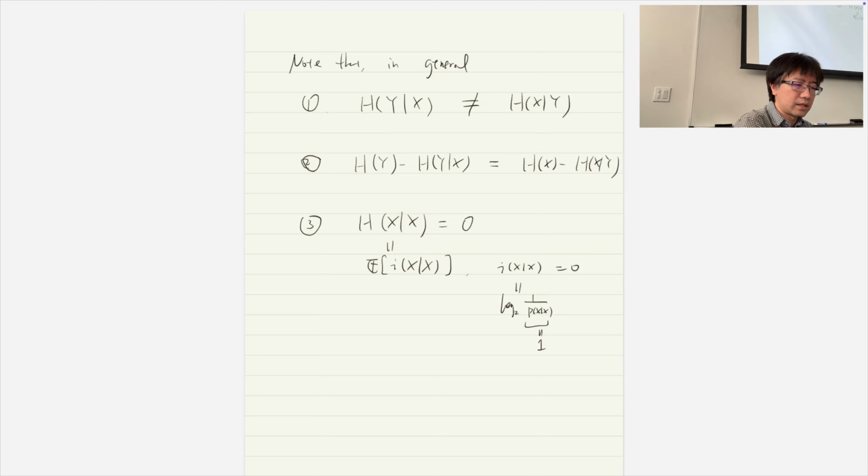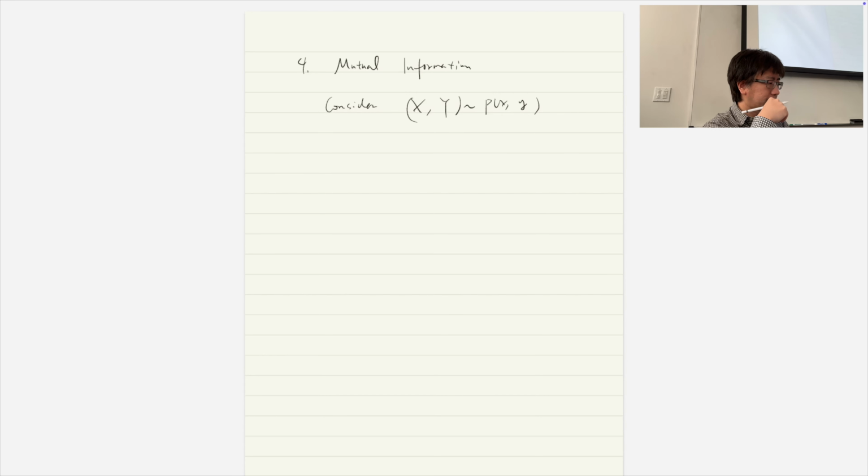Next, let's introduce mutual information. When we talk about mutual information, because mutual means we need at least two things, we need to consider two random variables, x and y. We assume their joint distribution is p(x,y).